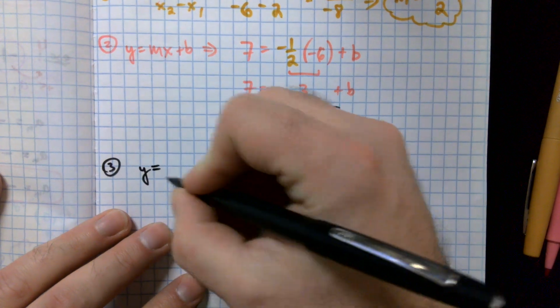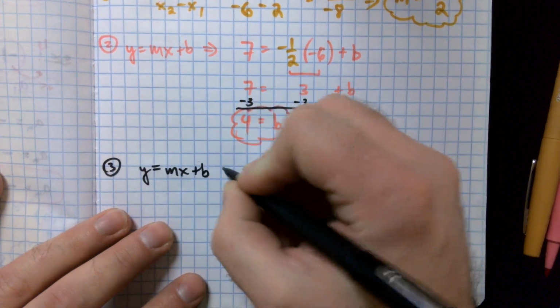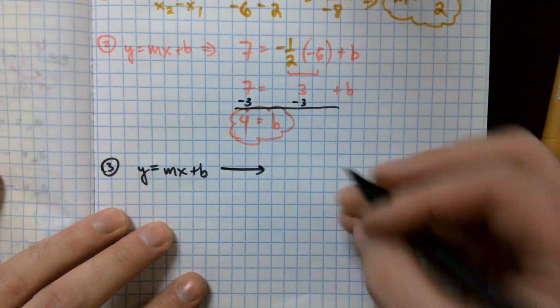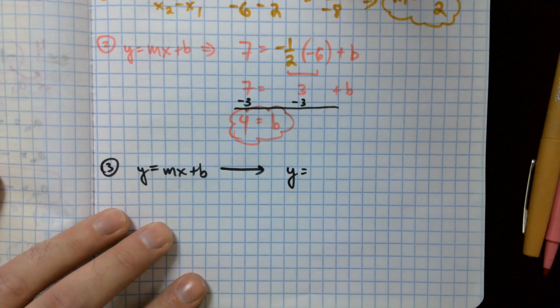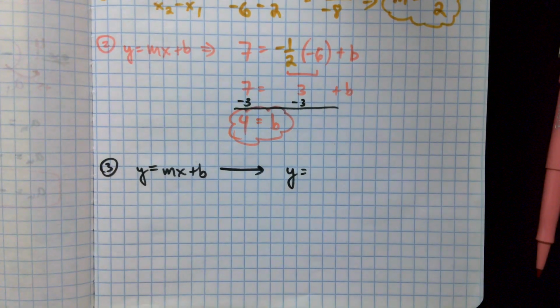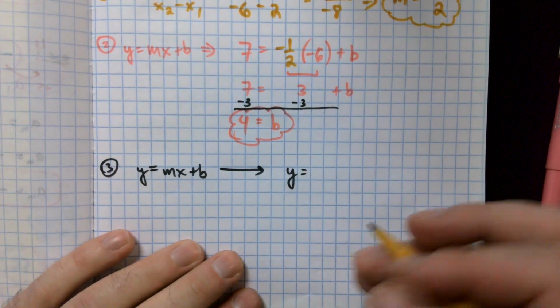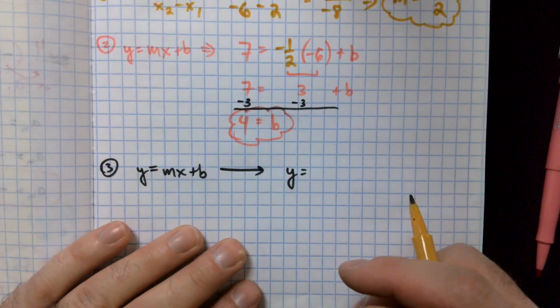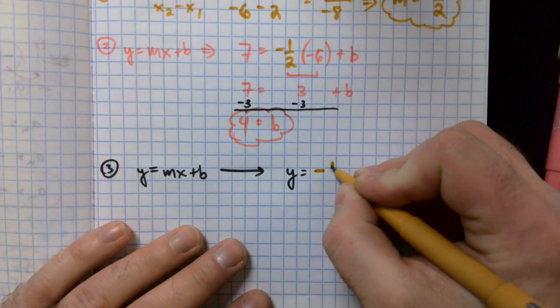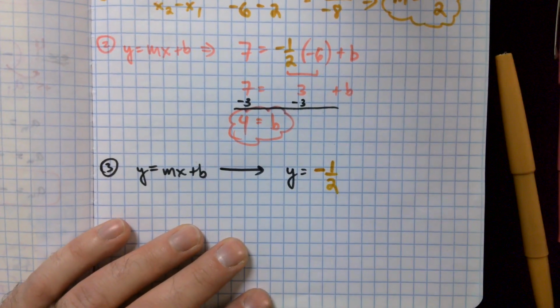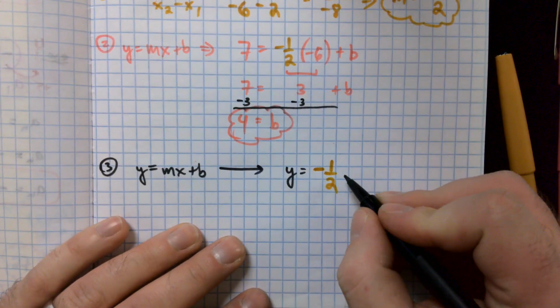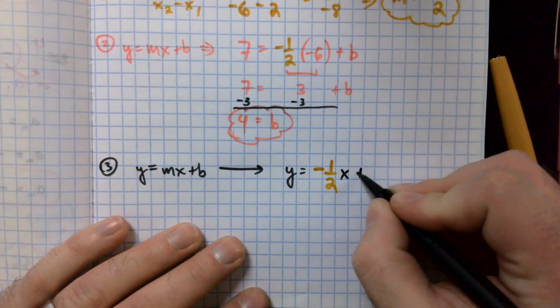So, once again, y equals mx plus b turns into y equals what? What's m? Negative 1/2 x plus 4.